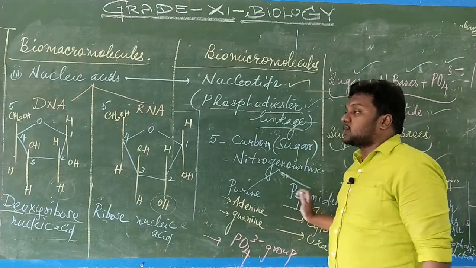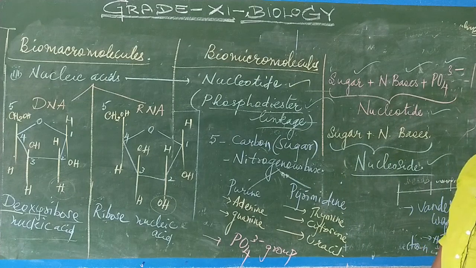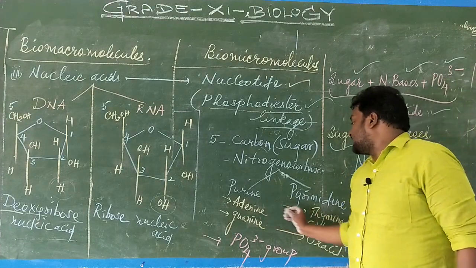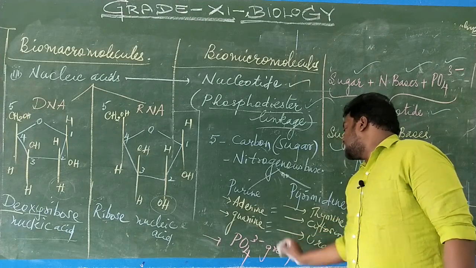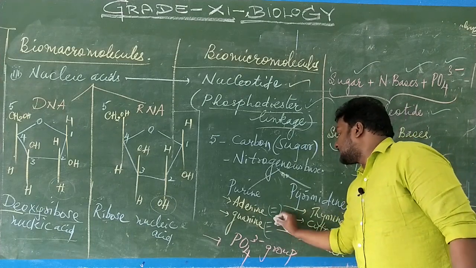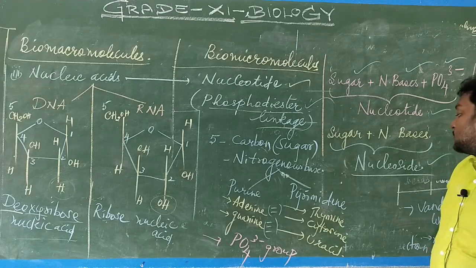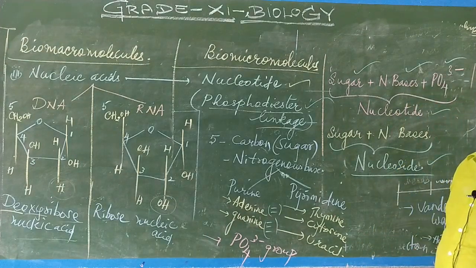The nitrogenous bases are held together by hydrogen bonding. Adenine always pairs with thymine, guanine always pairs with cytosine: 2 hydrogen bonds here, 3 hydrogen bonds there. In RNA, instead of thymine, uracil will be present. Keep that in mind.